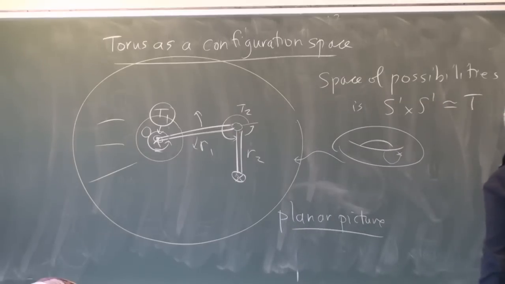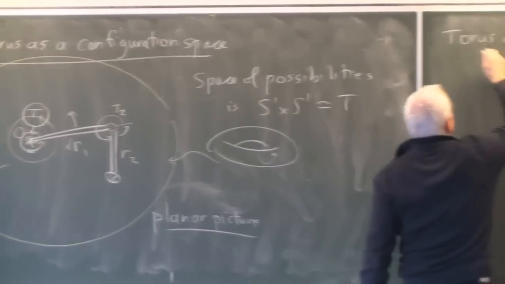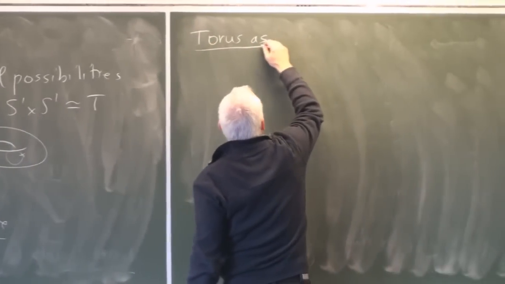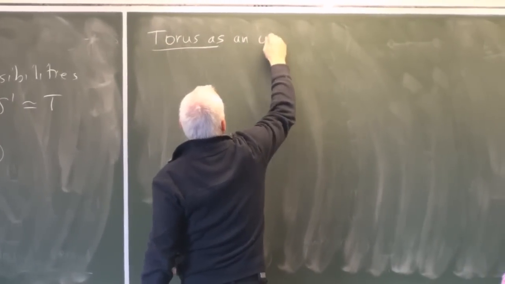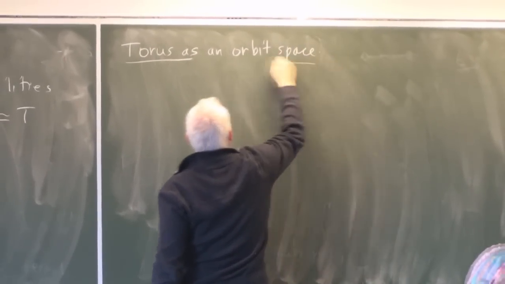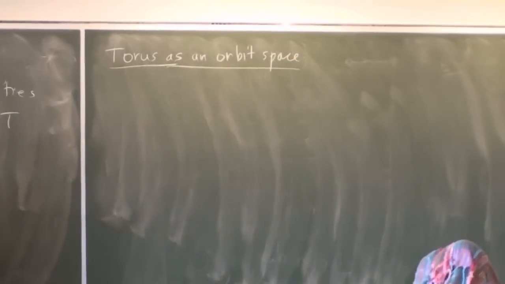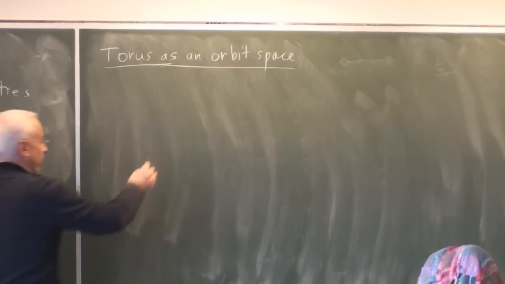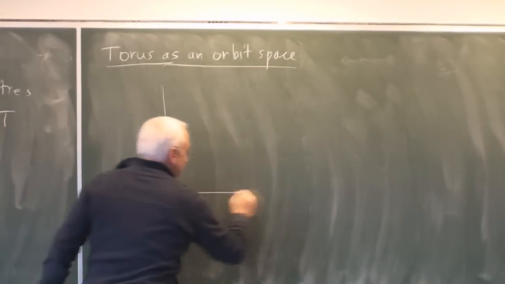Okay, so now our other manifestation, which is going to be rather important, is the torus as an orbit space. So what we're going to do here is mimic what we did for a cylinder, and it's very much the same kind of idea.